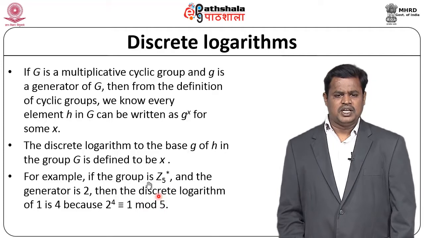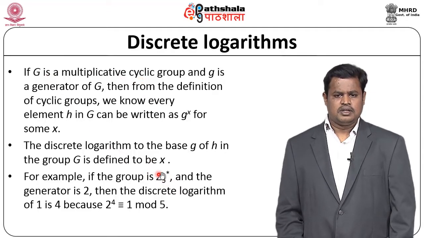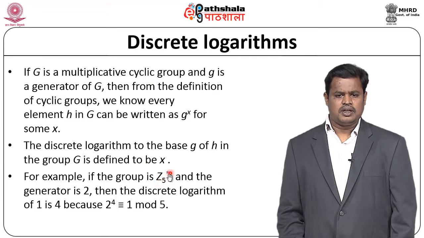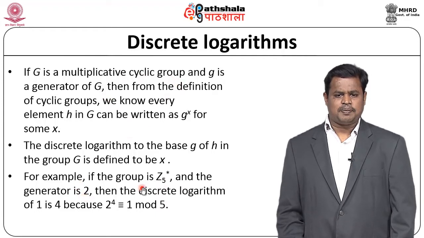Now, we map this example with respect to the statement given before. We have a capital G here, which is a multiplicative cyclic group, that is Z 5 with the multiplication operation. There is a generator, smaller g, equal to 2. Then what is the discrete logarithm here?